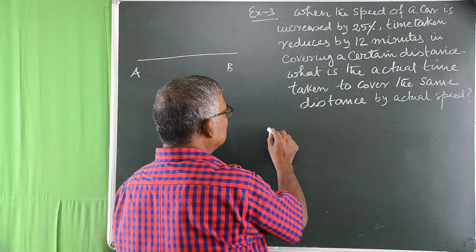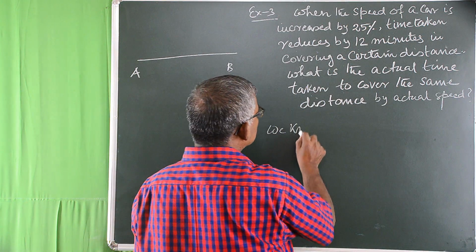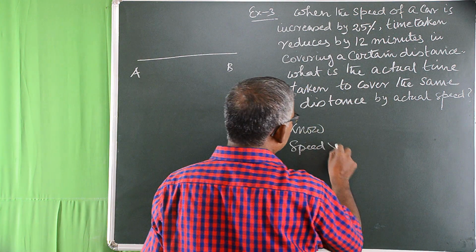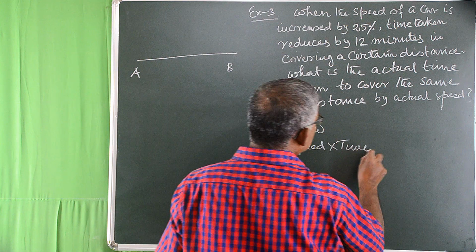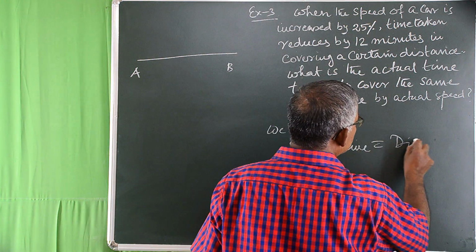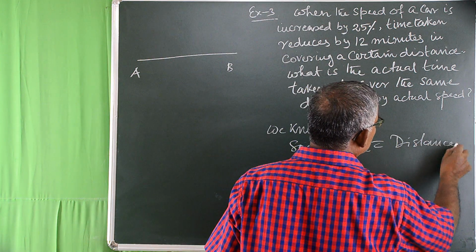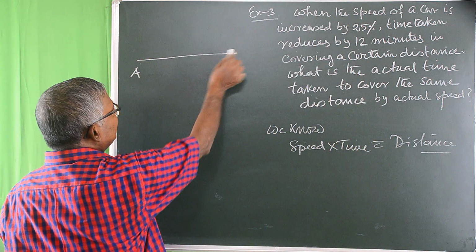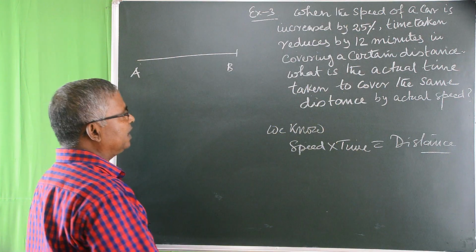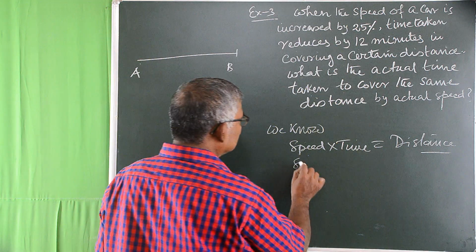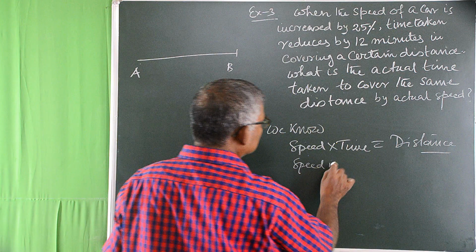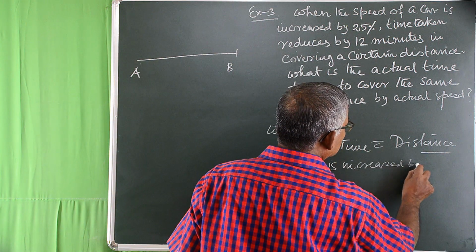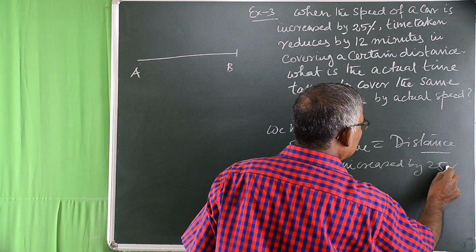We know speed into time equal to distance. Here we see the distance of AB is fixed and the speed is increased by 25%.